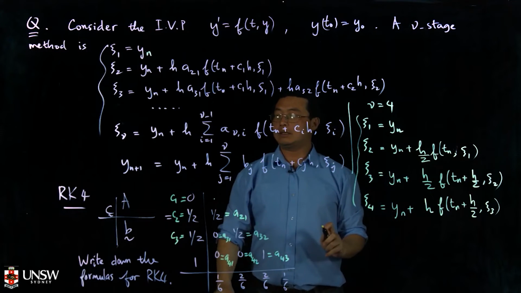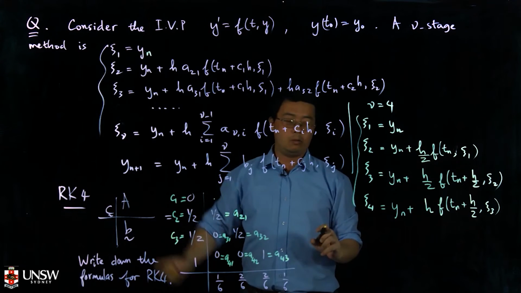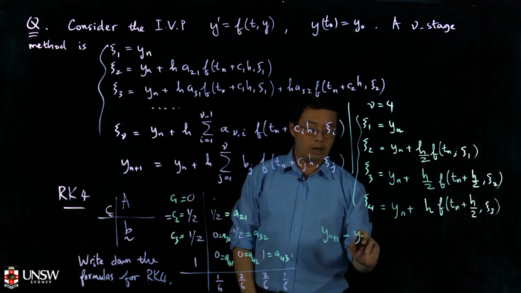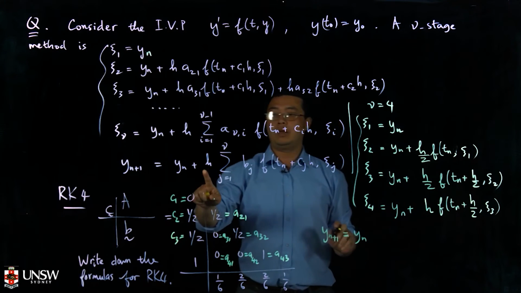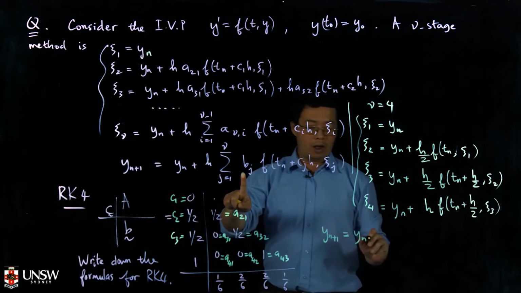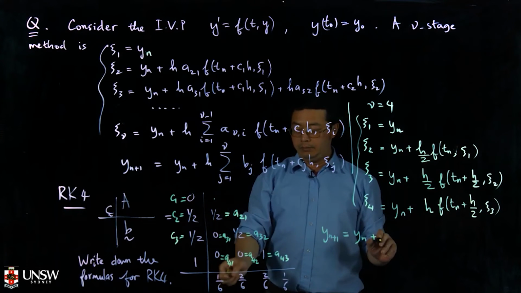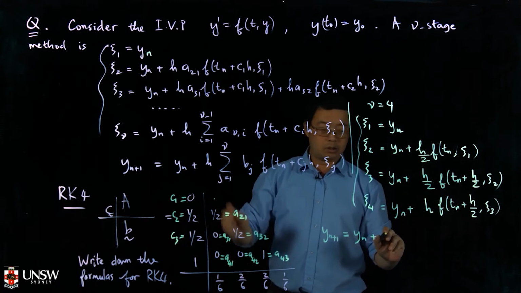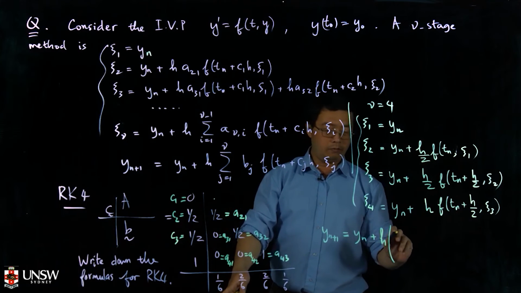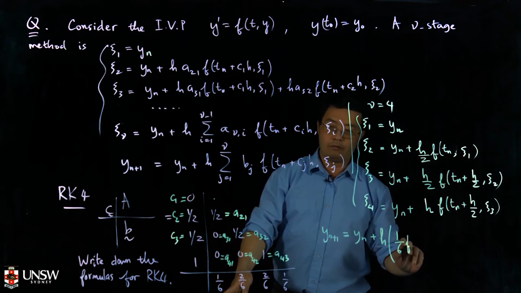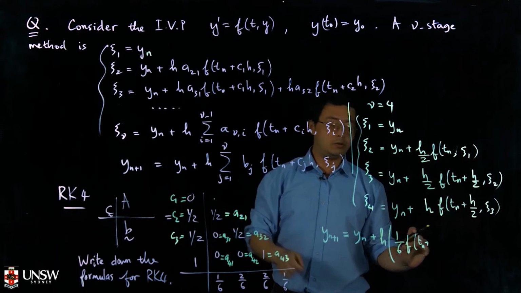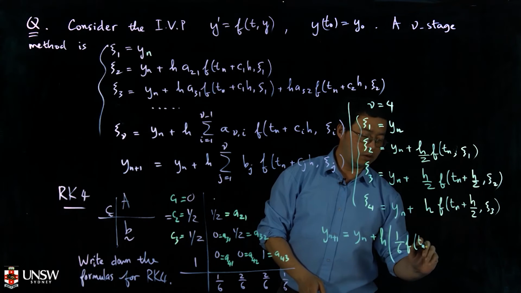And then the last formula will be yn plus 1. So yn plus 1 will be yn, okay? And now you have to sum over the bj. So you take h as the common term. And so b1 will be 1 over 6 f of Tn plus c1, where c1 equals 0, so there's nothing here, xi1.